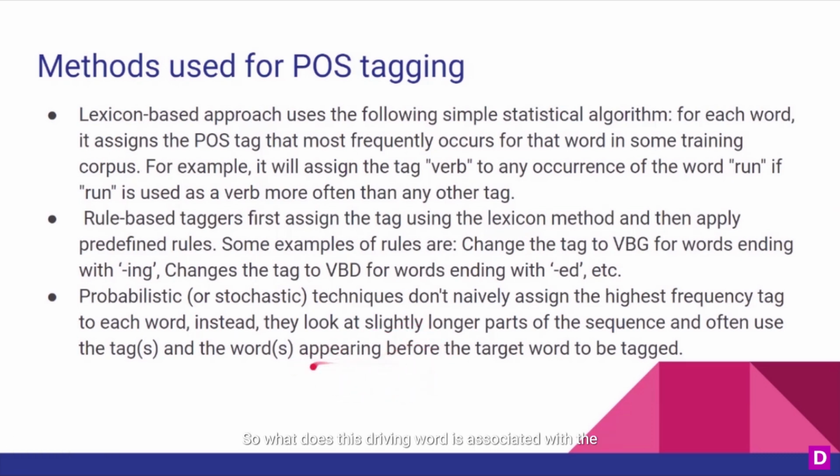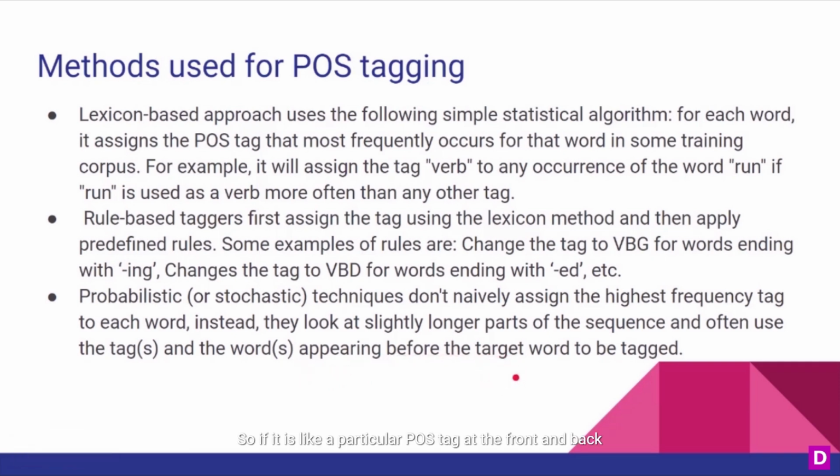What is this word driving associated with? It will look into the POS tags of the neighboring words, and then tag the particular target word. So it will try to improve the accuracy over here, right? It has understood the POS tag of the previous and the next word.